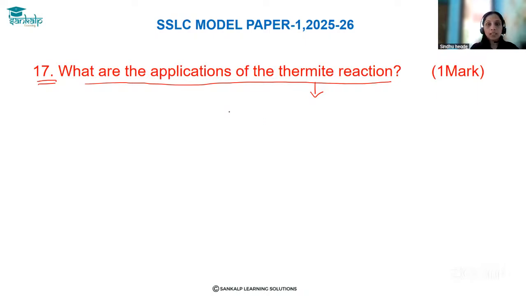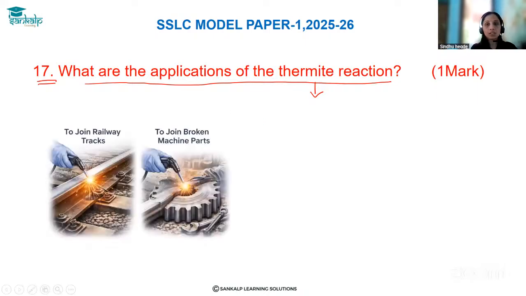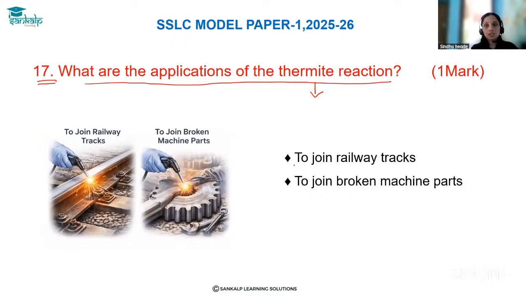So the application of the thermite reaction is mainly that it is used to join railway tracks, and a second application is to join broken machine parts. We consider one thing here.